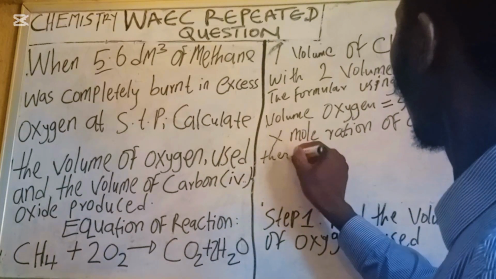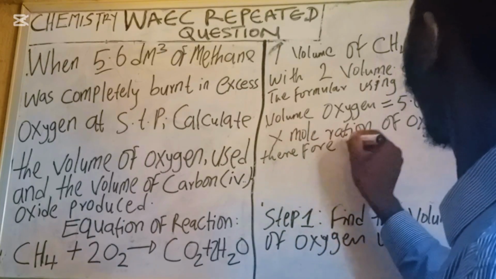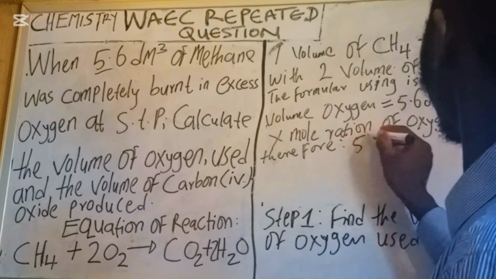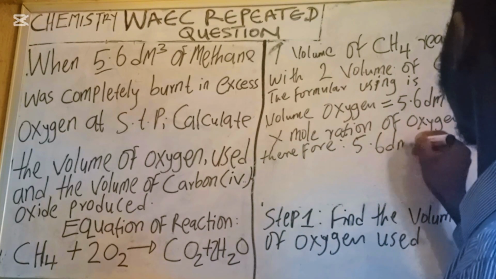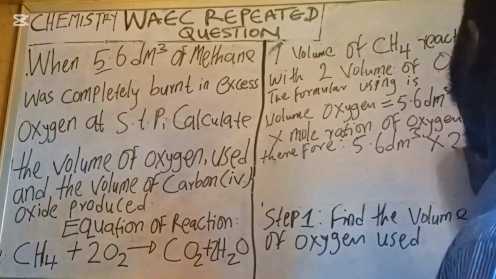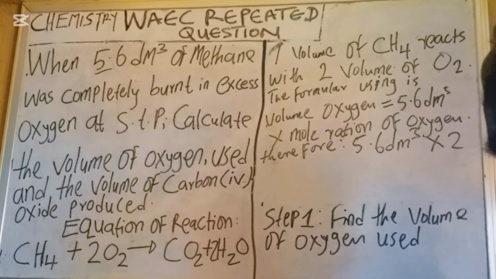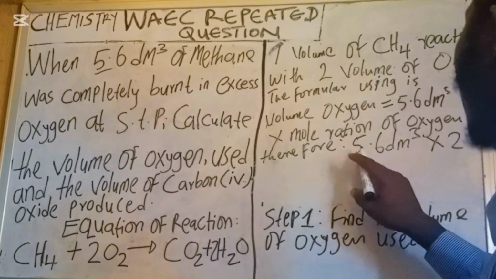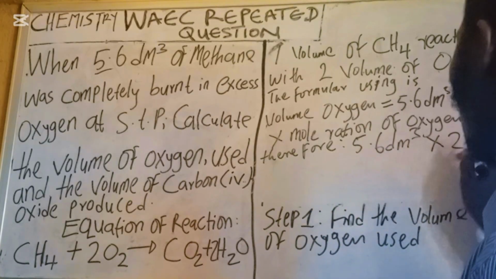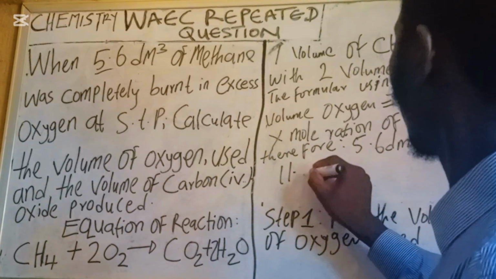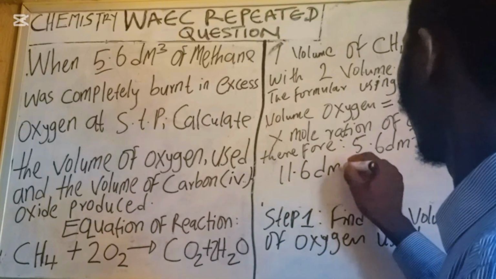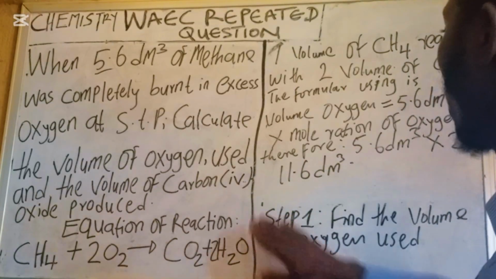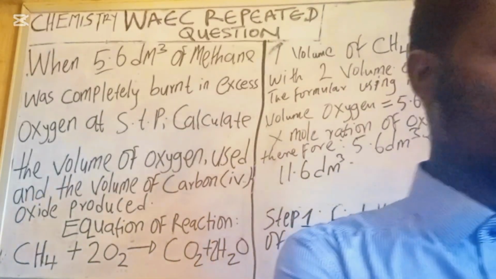Therefore, 5.6 dm cube times 2, because the mole ratio of oxygen is 2. So when you multiply this value, 5.6 times 2 will give you 11.2 dm cube. So we are through with our step 1.